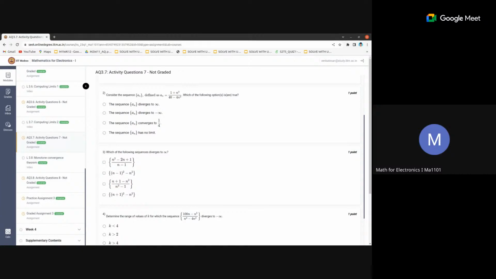And then slowly, for the next term, what happens? 1 plus 2 cube, which is 8, 8 plus 1 is 9. So 9 divided by 40 minus 4 times 4. But what we have gone through is dividing by the largest power, say n cube, 1 by n cube.